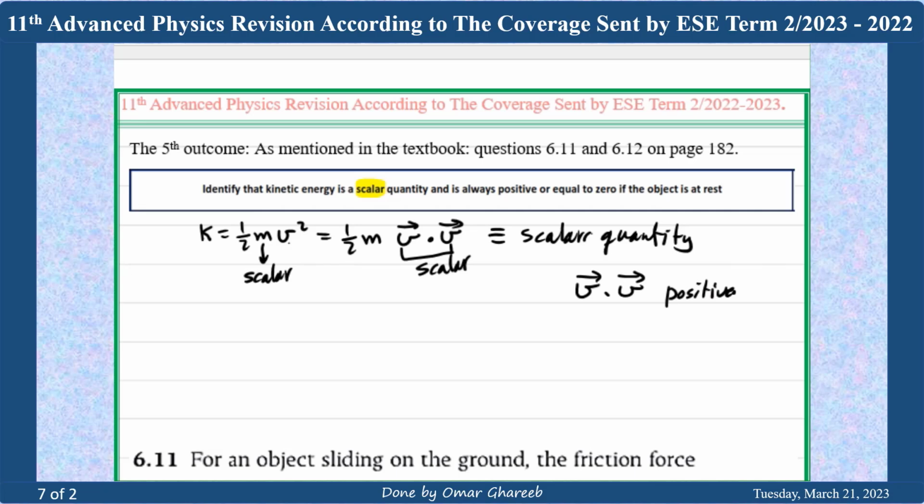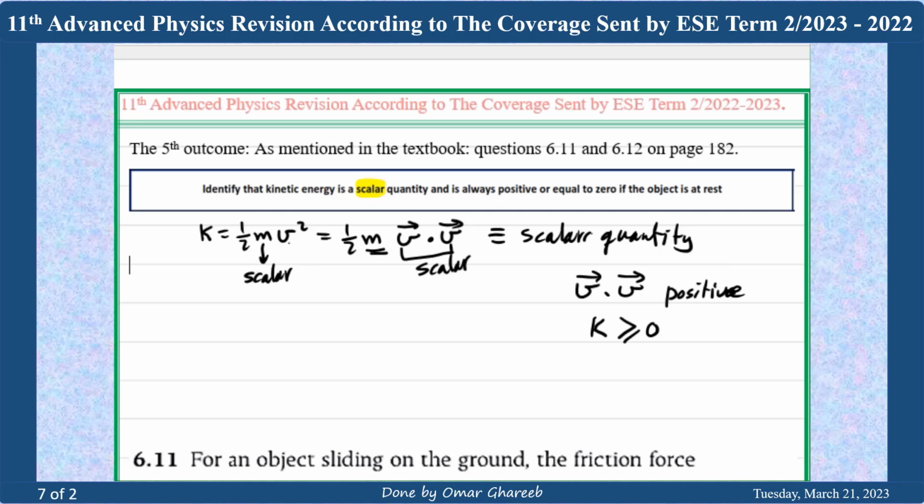Suppose v is negative, dot negative, it is positive. So v dot v is positive always. And the mass is positive as well, so the kinetic energy should be positive. The kinetic energy of any object is always larger than or equal to 0. It could not be less than 0.